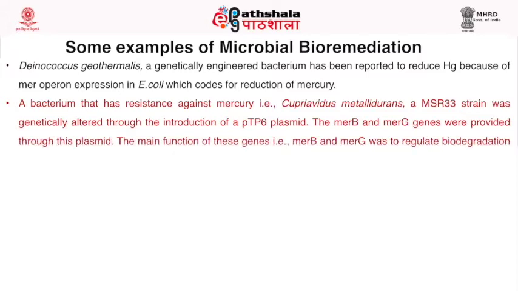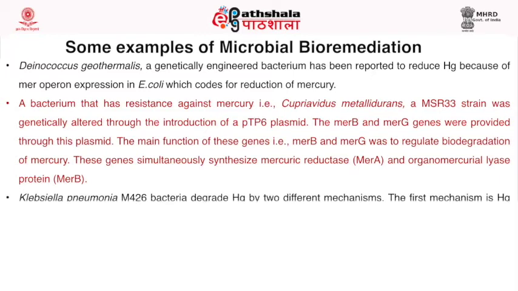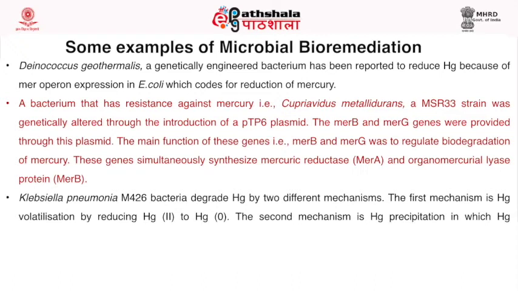The merB and merG genes were provided through this plasmid. The main function of these genes, merB and merG, was to regulate biodegradation of mercury. These genes simultaneously synthesize mercuric reductase and organomercurial lyase protein.